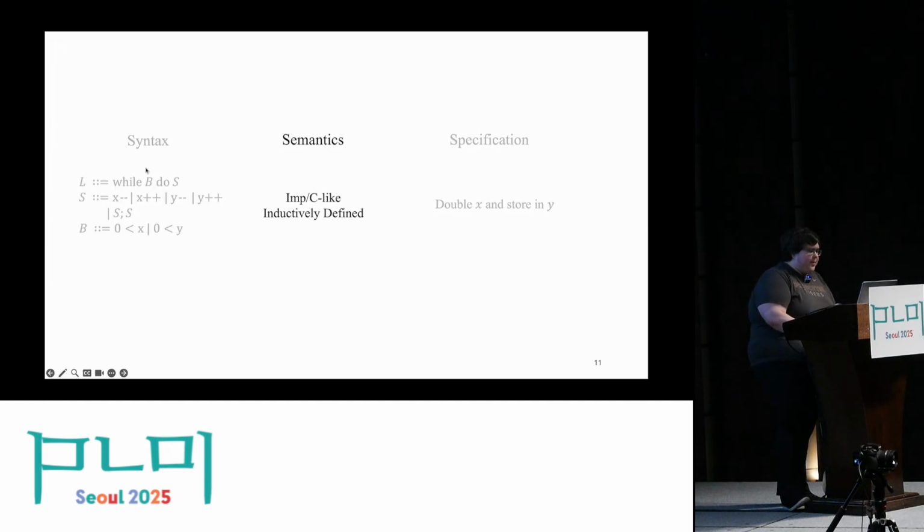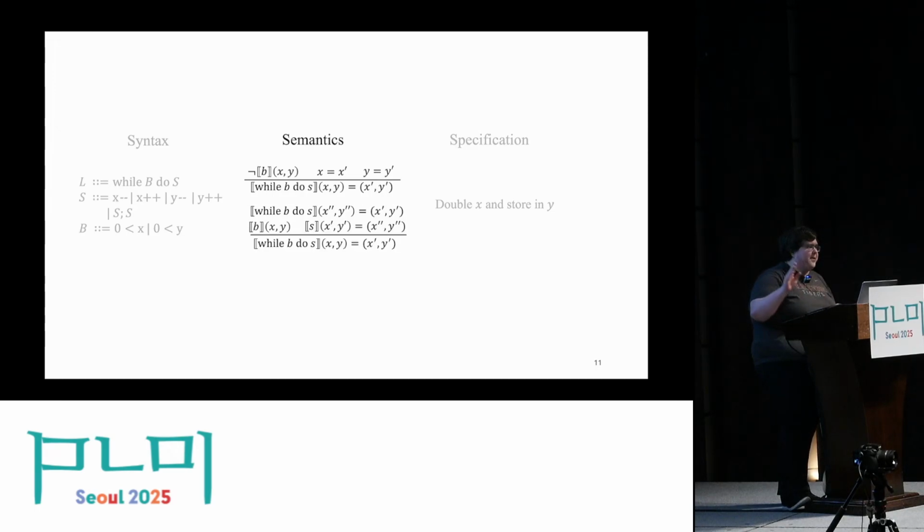So here, the semantics of this is fairly standard. You've got the while-false rule and the while-true rule. I don't expect you to read them, but these are just really standard semantics that are inductively defined, as I said. And then for the specification here, let's assume that we're looking for partial correctness.